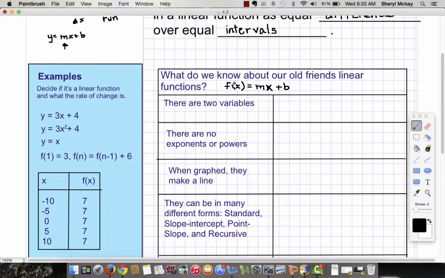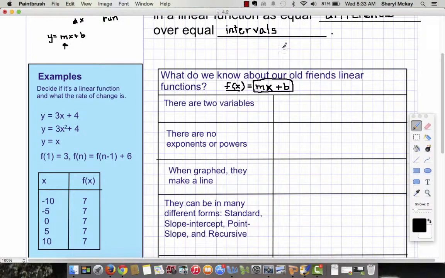Don't let the f of x scare you. f of x just means the value. When we say f of 3, it means we put 3 in for x.